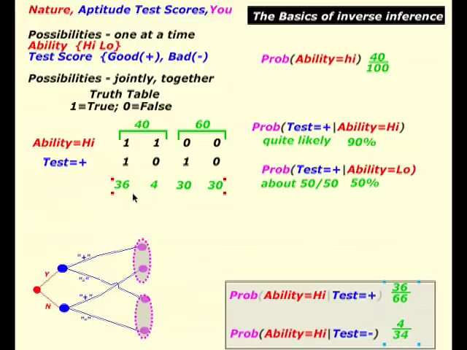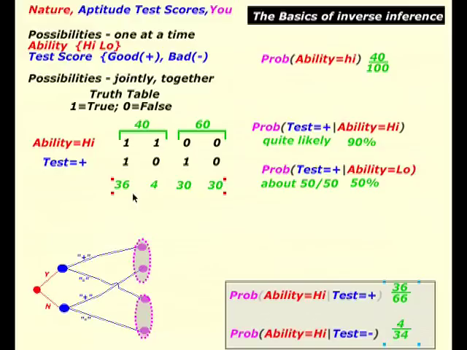Now, we call that a posterior. Sometimes in the Bayesian statistical terminology, they call that a posterior, but it's really a posterior belief. But your prior belief was 40%. We started thinking, okay, generally the ability in the population is about 40% able people, but I get this test result and I change my beliefs.